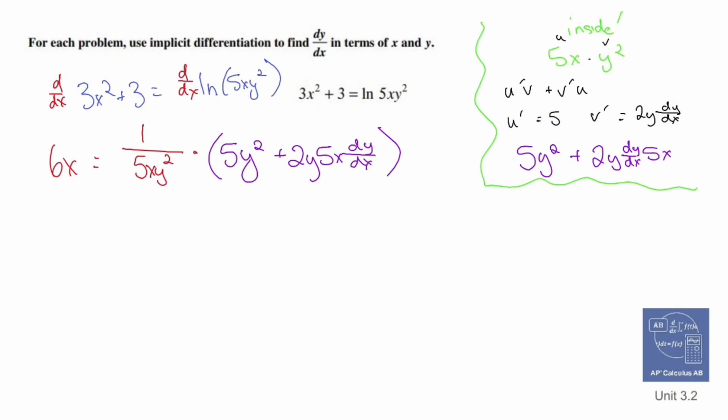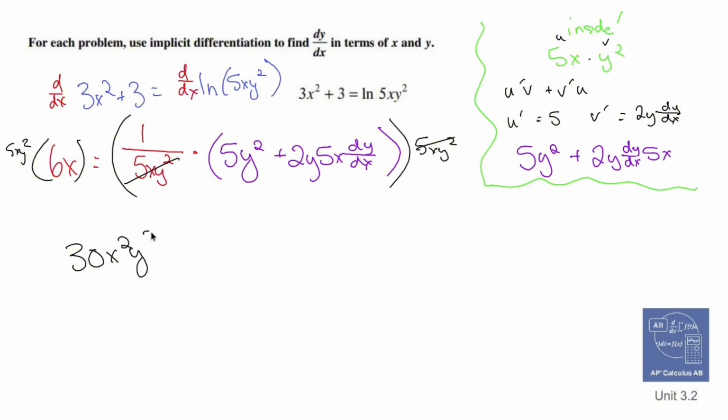What I'm going to do first is multiply both sides by 5xy squared to get rid of the denominator. So that'll give me 30x squared y squared equals, nothing changes with the purple except I'm going to clean these up.